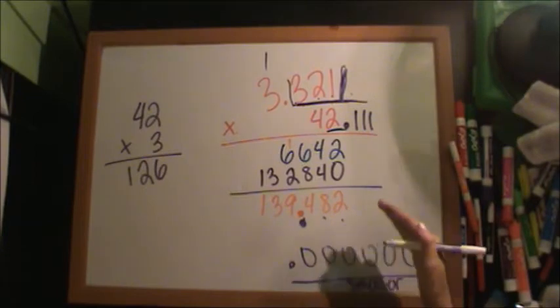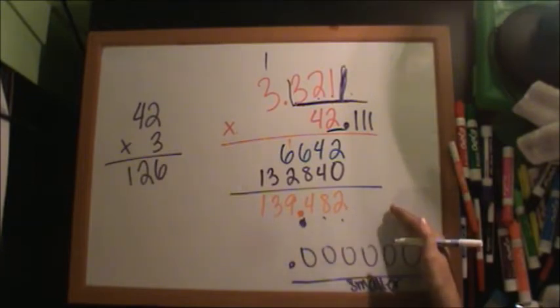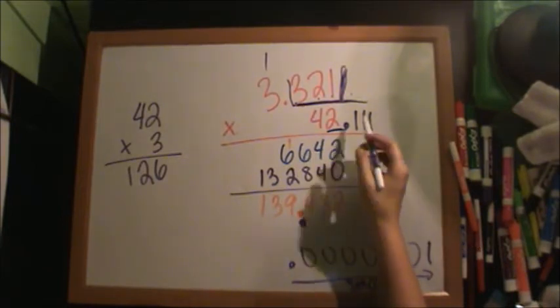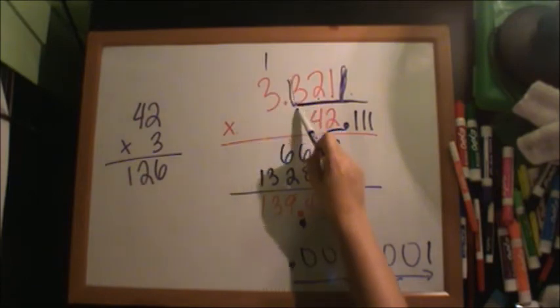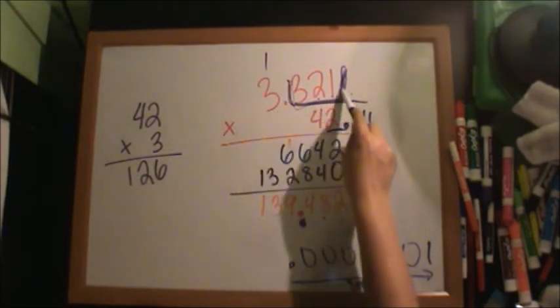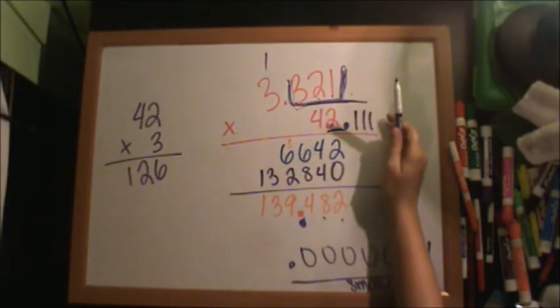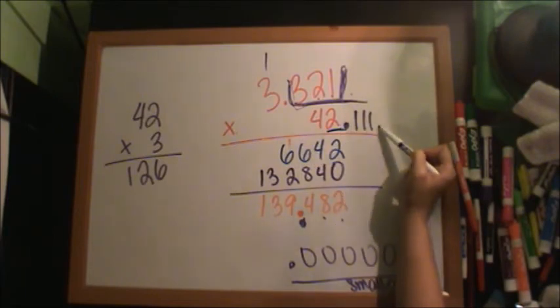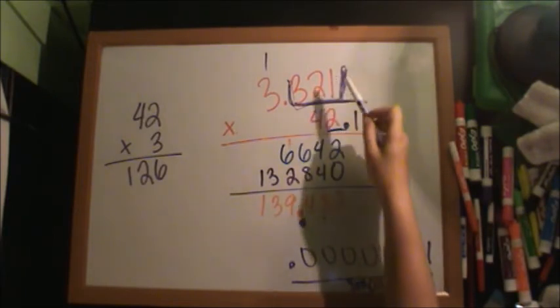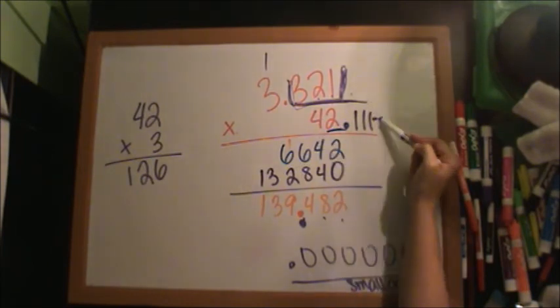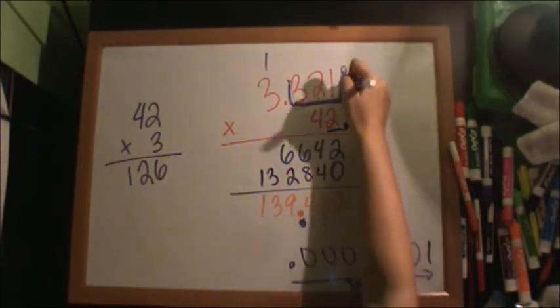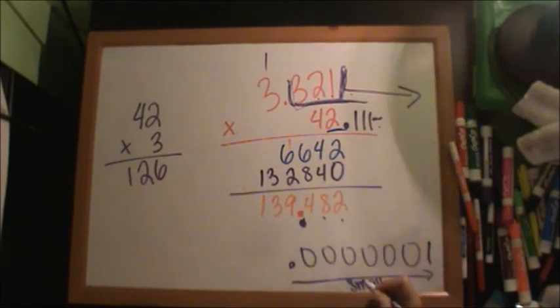When you multiply a 1-digit number by a 1-digit number, you're never going to get more than a 2-digit number. So when you multiply a number that has 3 decimal places by a number with no decimal places, it's not going to have more than 3 decimal places. If you multiply a number with 3 decimal places against a number with 3 decimal places, your number is going to get much smaller. It's going to have 6 decimal places, because that's how many decimal places you multiplied together.